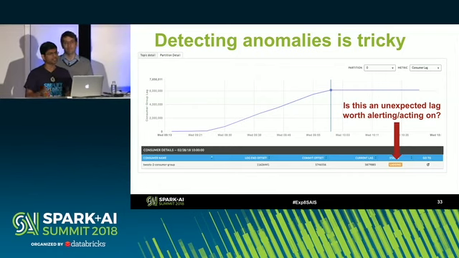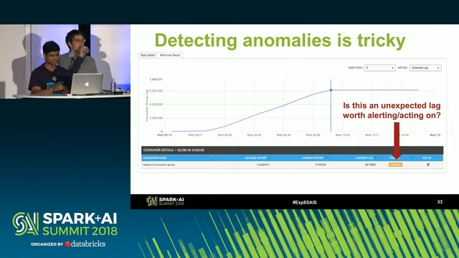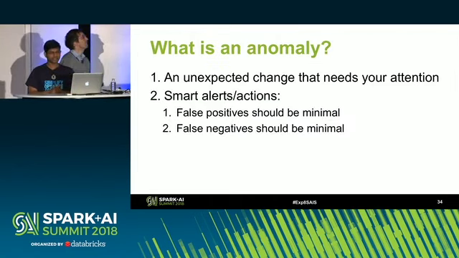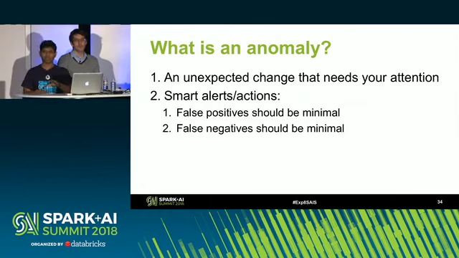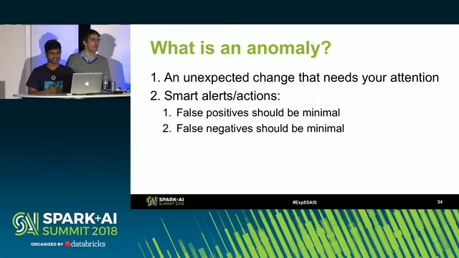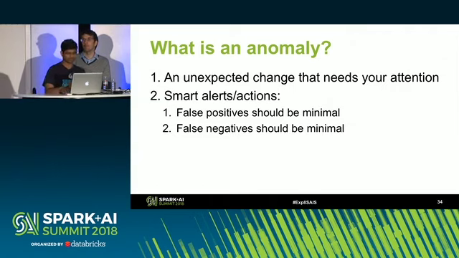Maybe this is something that happens at 9 a.m. every morning and I shouldn't be reacting to it, because that can lead to more problems than if I were to leave it be. A quick note on anomalies: an anomaly is something unexpected that needs your attention, and as you think about algorithms for anomaly detection, you quickly have to balance between false positives and false negatives, where you alerted on something that was really a spurious alert, or you missed a real alert.